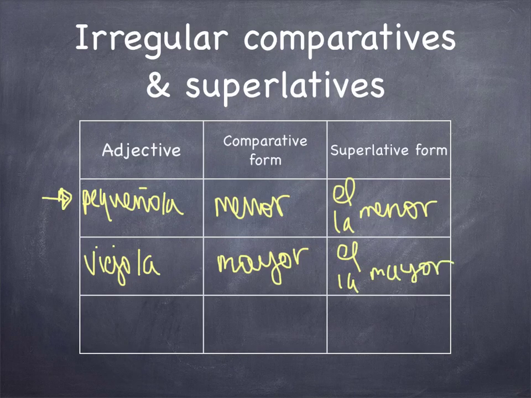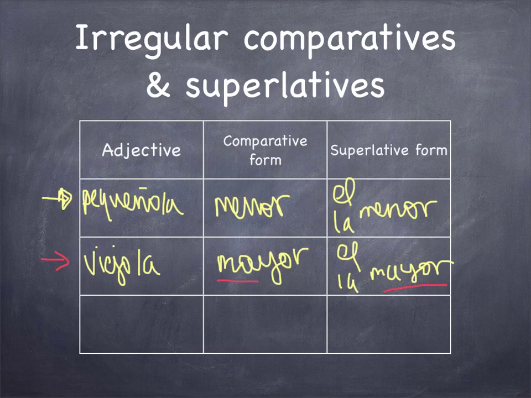So don't get confused between viejo and vieja and grande. They both have comparative forms mayor and superlative forms el, la mayor. The only difference is when we say grande, we're talking about size. When we say viejo or vieja, we're talking about age.